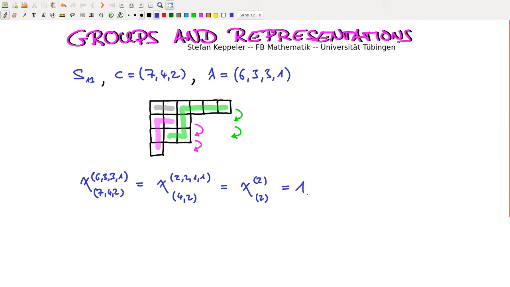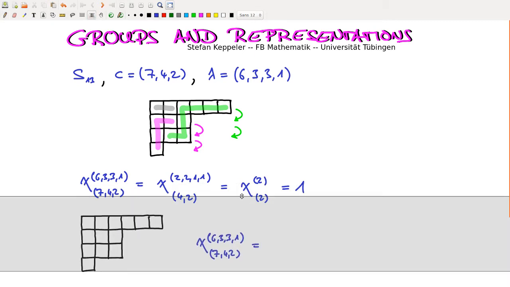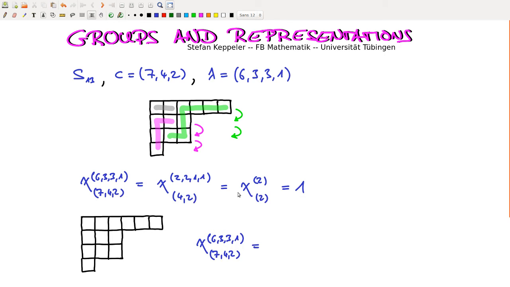And it doesn't matter which cycles we start with in this procedure. So let's do it again. Let's say we start with a 4-cycle. There's also just one skew hook of length 4, this one here.